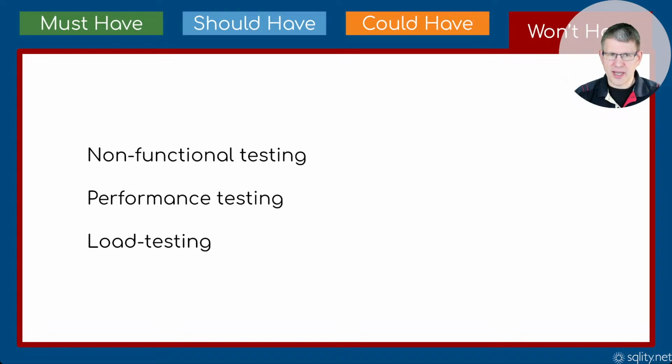In fact, I think a good unit testing framework cannot also be a good performance testing framework because the requirements are different enough that you cannot optimize for both of them.